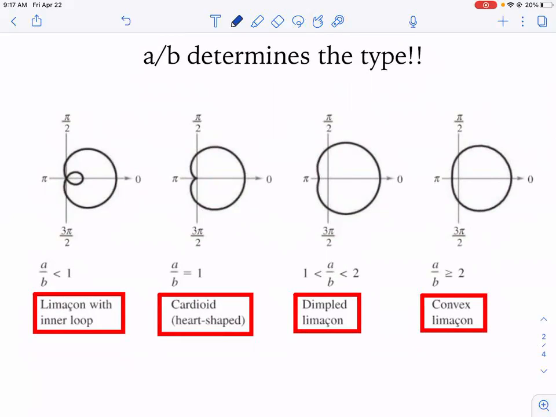Now, some of you might be a little nervous about remembering which one is which. Okay, so just remember this. Lucy loves dimpled cuties.